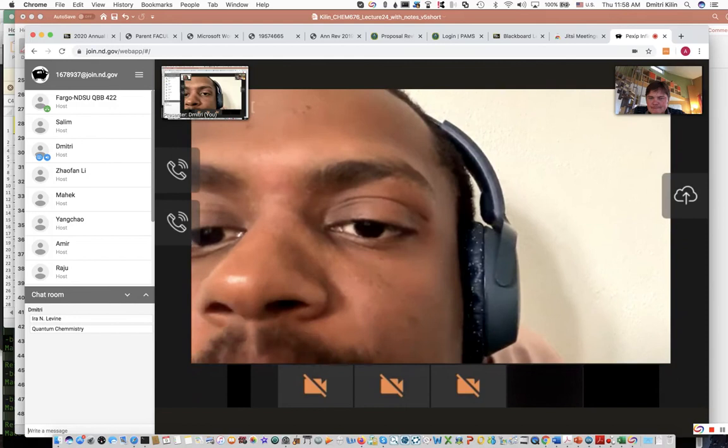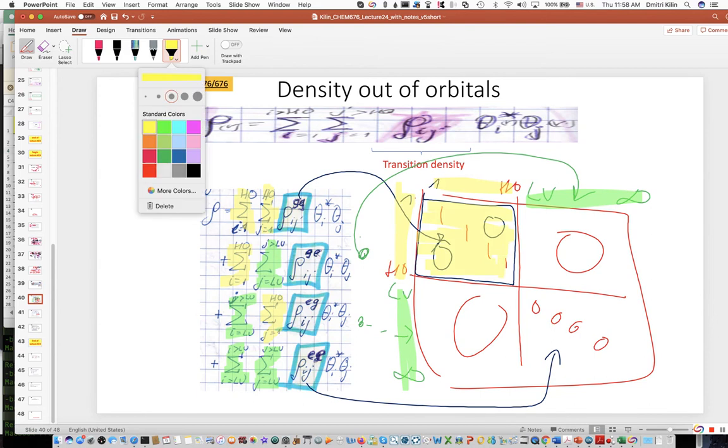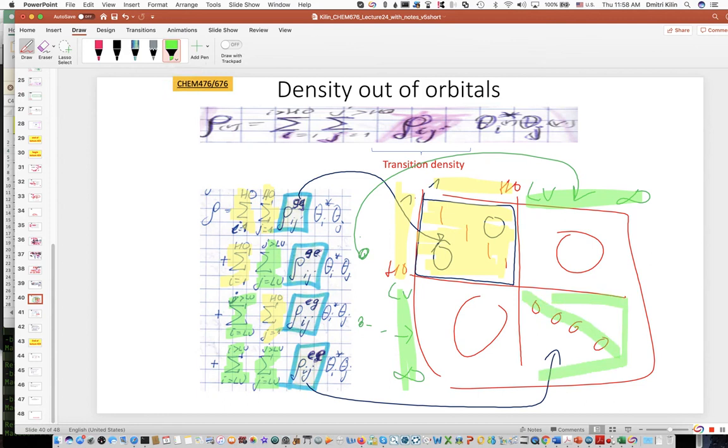Okay, I see. So the summation in yellow means we will go only over the domain of indices that correspond to occupied orbitals. If both indices are above LUMO, we are going over the domain of the unoccupied orbitals.